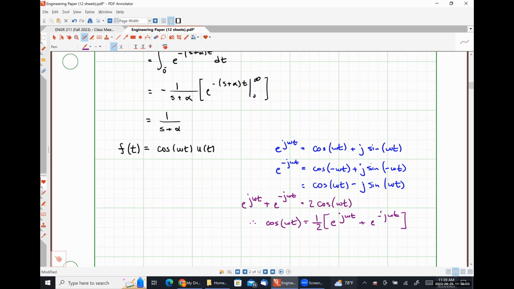So I would argue that I can use that relationship to say that cosine of omega t u of t is going to be the same thing as 1/2 e to the j omega t plus e to the negative j omega t, times u of t.